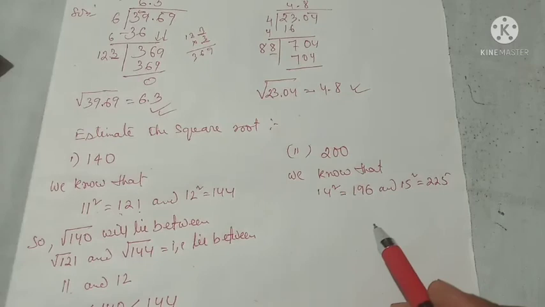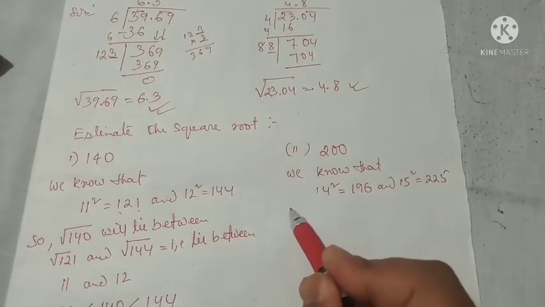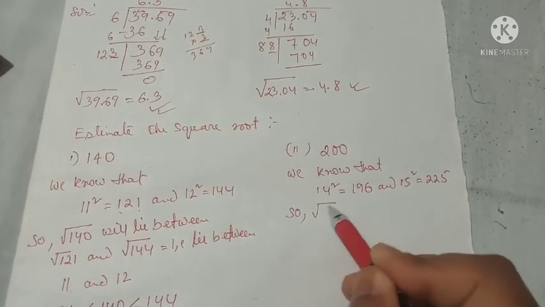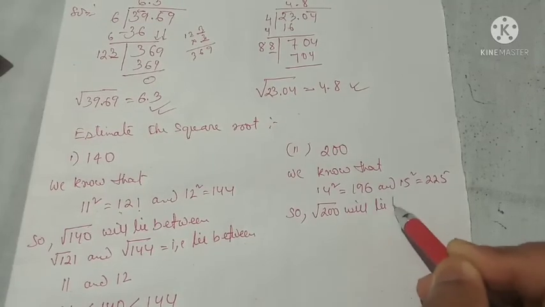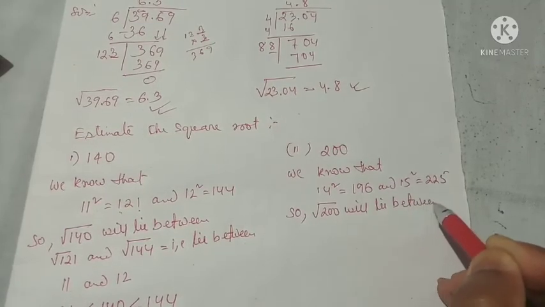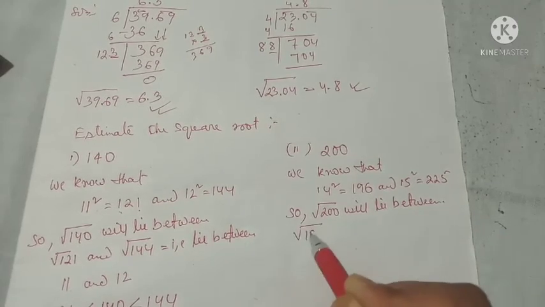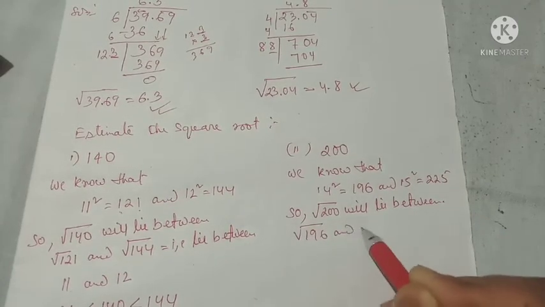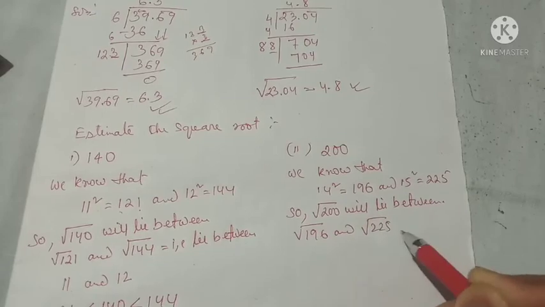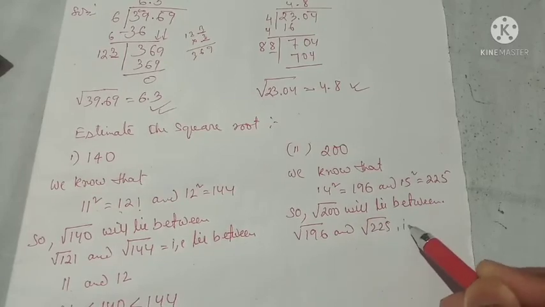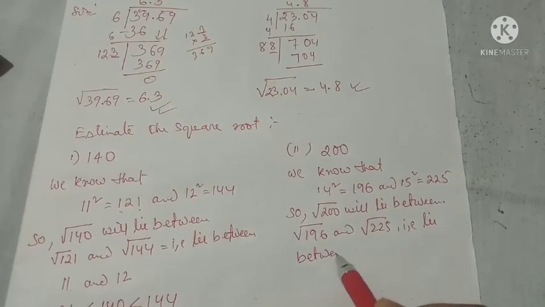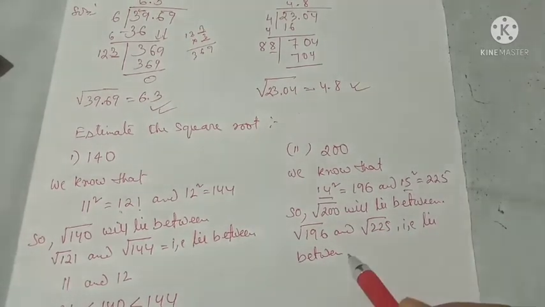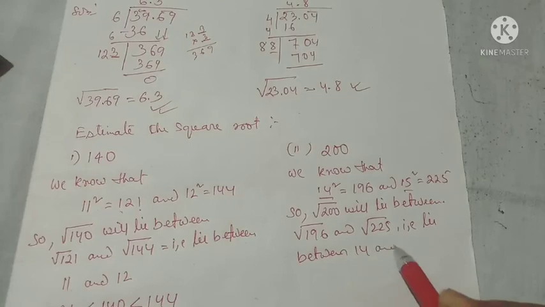So now we can say that 200 lies between root 196 and root 225, that is, between 14 and 15.